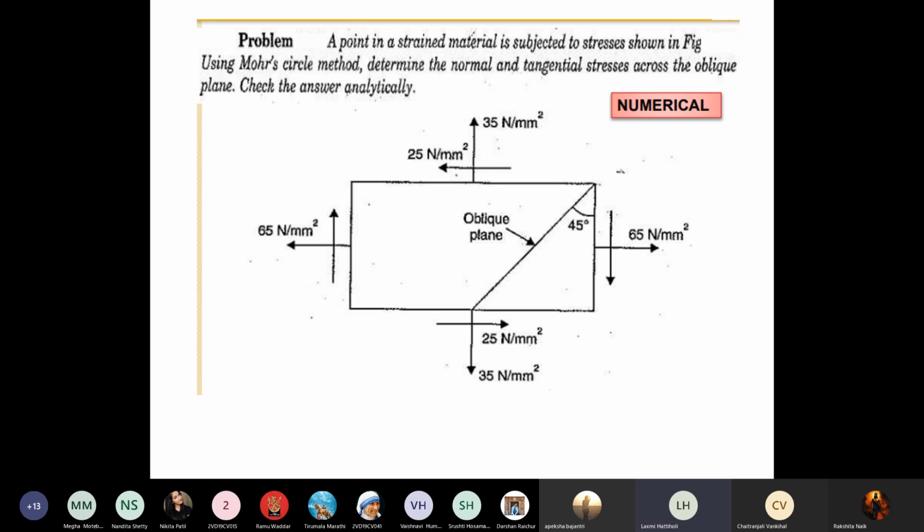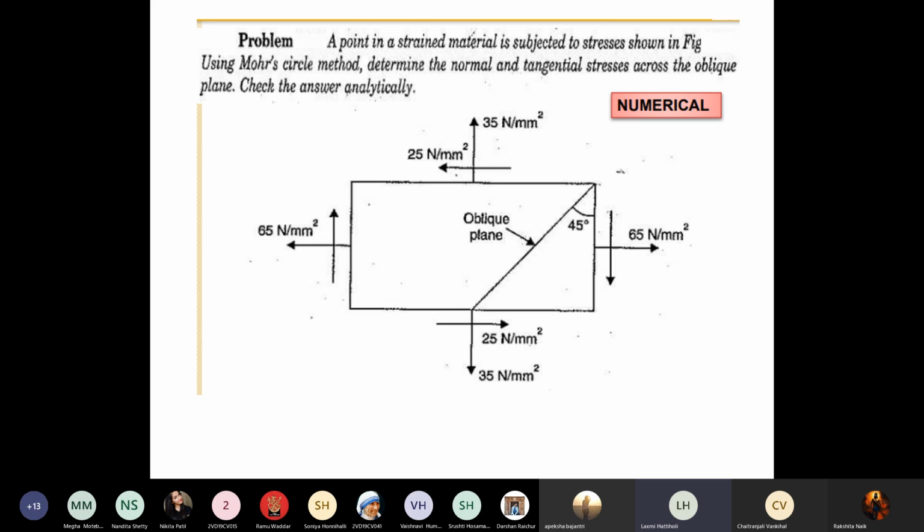As far as the VTU exam is concerned, however the question is asked, you should answer. If they ask through the analytic method, you can go for that. If they ask through Mohr circle construction, you can go for that.